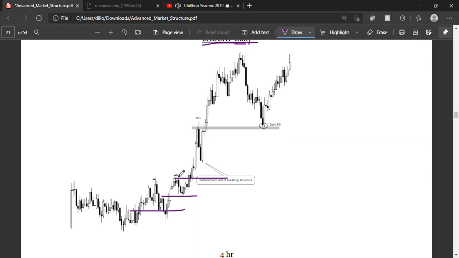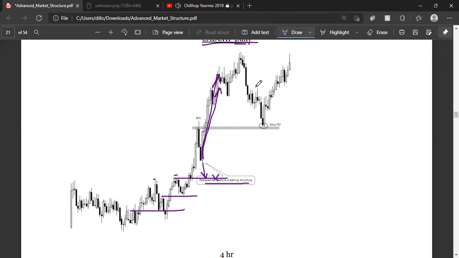And we see structure being broken here, but you see this retracement before structure being broken again. Price doesn't get all the way down into that area. So most likely now we're not looking at that point of interest, right? Structure got broken to the upside again.